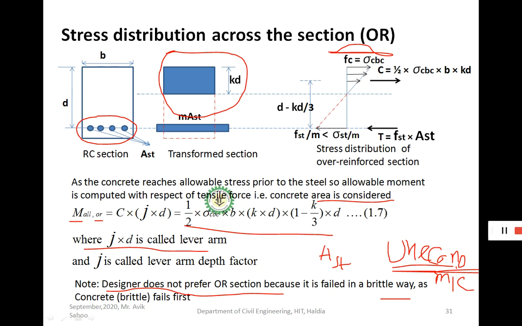In working stress method, one thing you should also remember: in working stress method we use three sections.